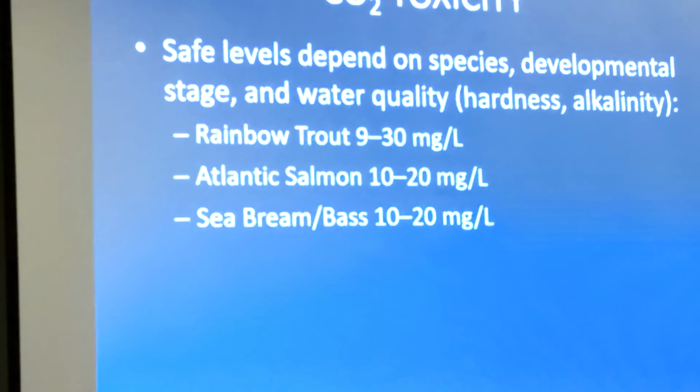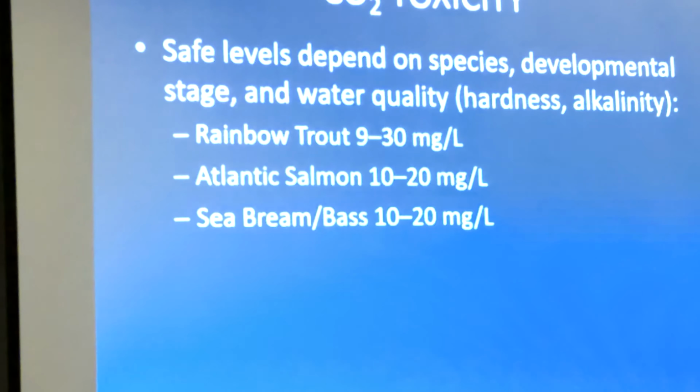We used to think that some species could handle higher levels of carbon dioxide, like tilapia. When I was Mike's student in the 90s, we used to say, oh, a tilapia could handle CO2 levels of 40 milligrams per liter at max feeding. Right? I don't believe that's the case anymore.